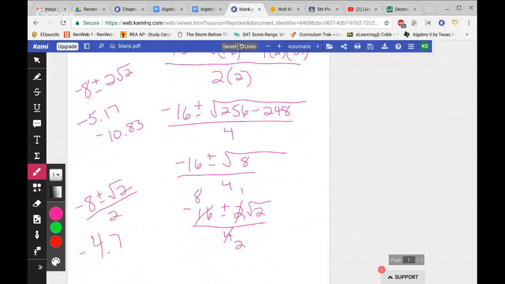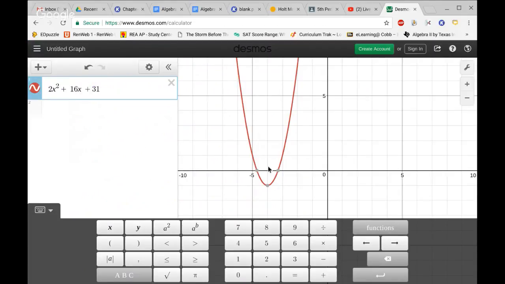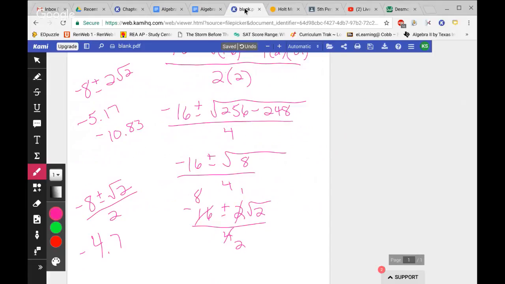And yes, I got the same thing. Yay, finally. And then I've got negative 8 plus the square root of 2.